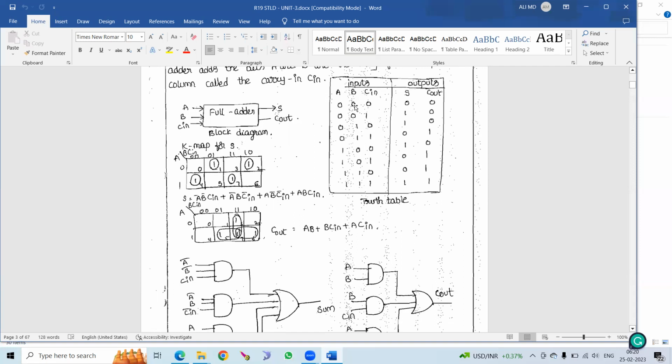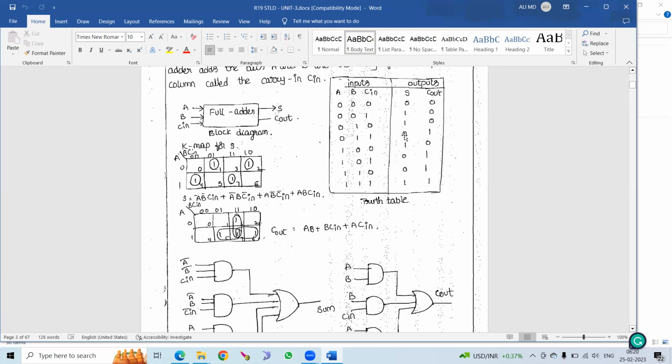Here 0, 0, 0, adding up the three bits, sum 0, carry 0. Again 0, 0, 1, sum will be 1, there is no carry, that is 0. For 0, 1, 0, sum will be 1, carry is 0. Again for 0, 1, 1, sum 0, carry will be 1.